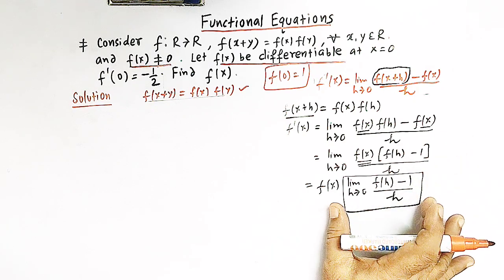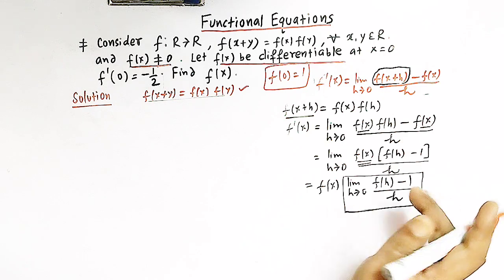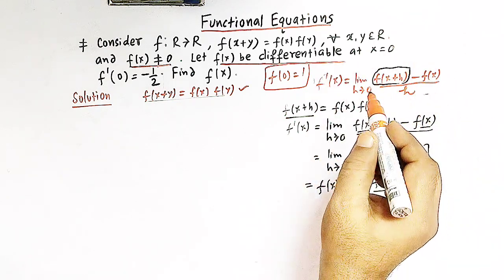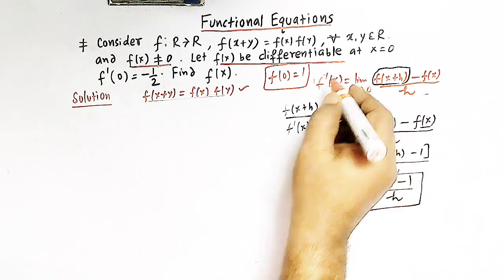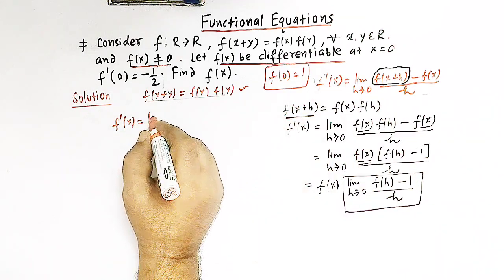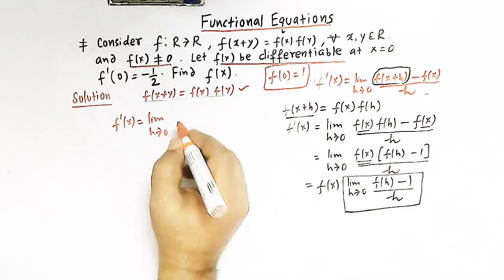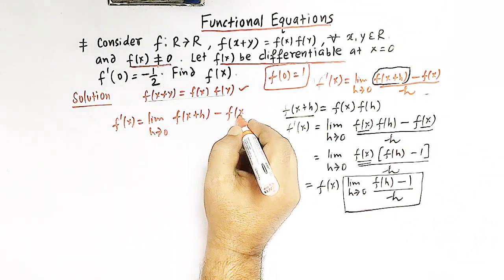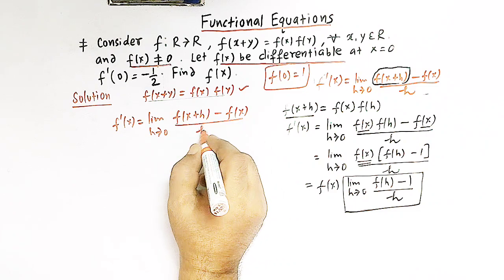To get the value of this limit, let us once again come to the definition of the derivative: f prime of x is equal to the limit as h tends to 0 of f of x plus h minus f of x, divided by h.